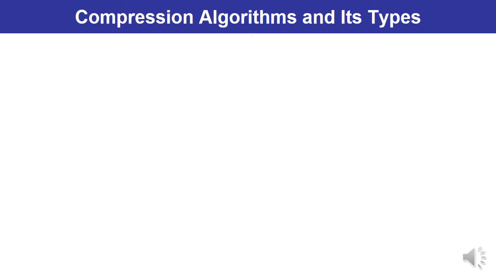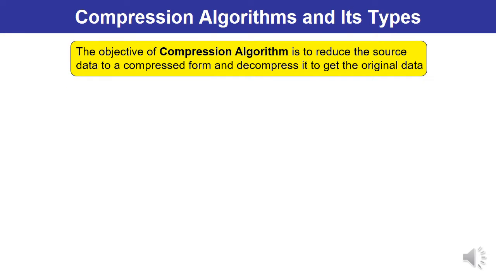Compression algorithms and its type. What is the role of compression algorithm? The role of compression algorithm is to reduce the source data to a compressed data form and, at the receiving end, decompress it to get the original data.